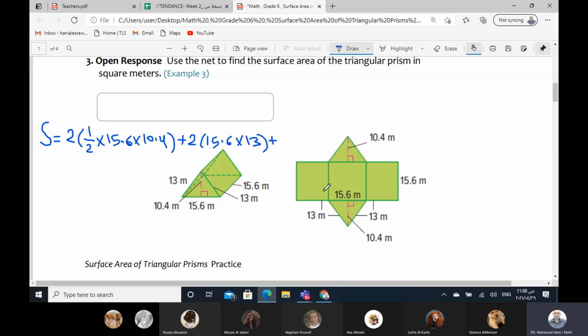Plus the area of the bottom here. Also here we have a rectangle, so the area will be 15.6 times 15.6. So here we have a square.